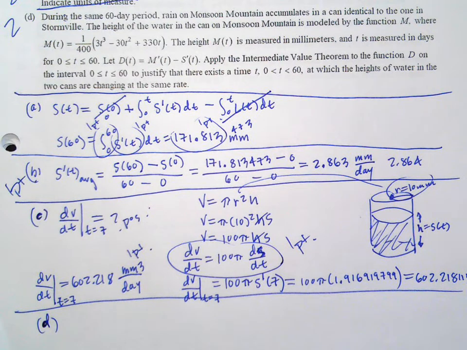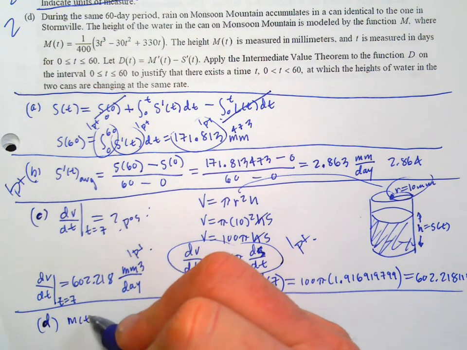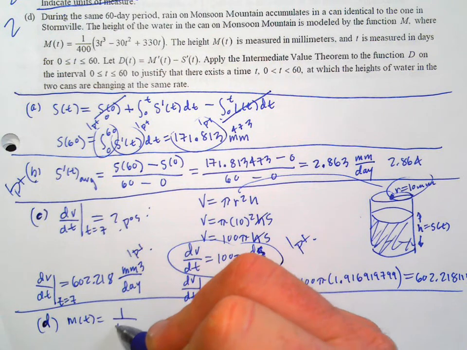Let D(t) equal m prime t minus s prime t. Apply the intermediate value theorem to the function D on the interval 0 to 60, justify that there exists a time t between 0 and 60 at which the heights of the water in the two cans are changing at the same rate.